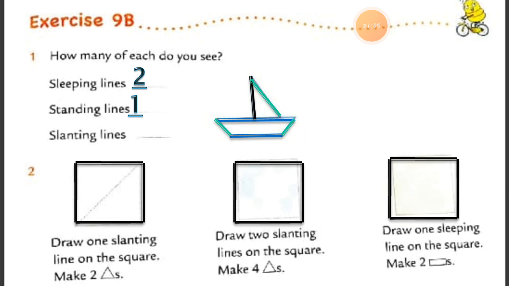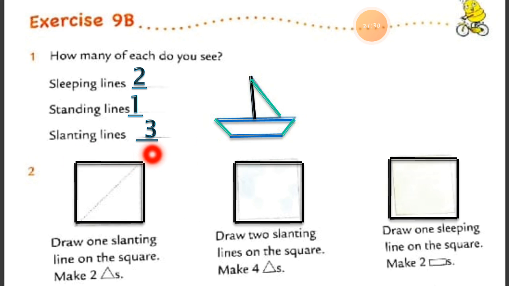So in total how many slanting lines are there in the given picture? See this. Here is slanting line number 1. Here the slanting line number 2. Here it is the slanting line number 3. So in total there are 3 slanting lines given in this picture.